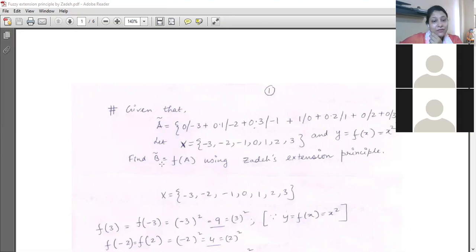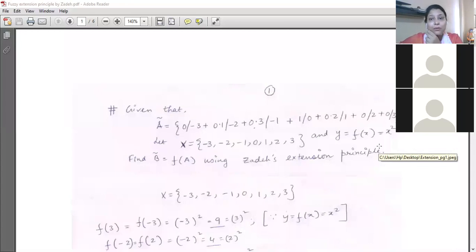Whenever fuzzy set B is a function of fuzzy set A, automatically the linguistic variable belonging to fuzzy set B is also a function of the linguistic variable of fuzzy set A, and these two variables have a mathematical expression.